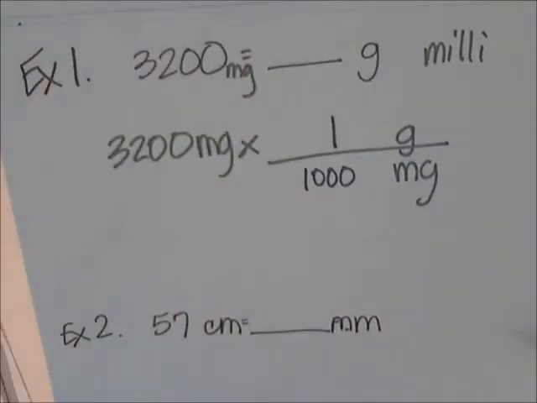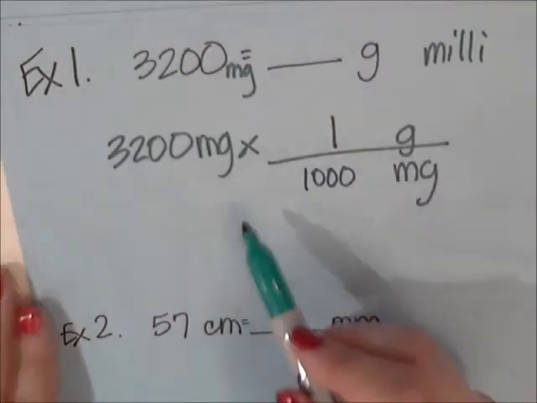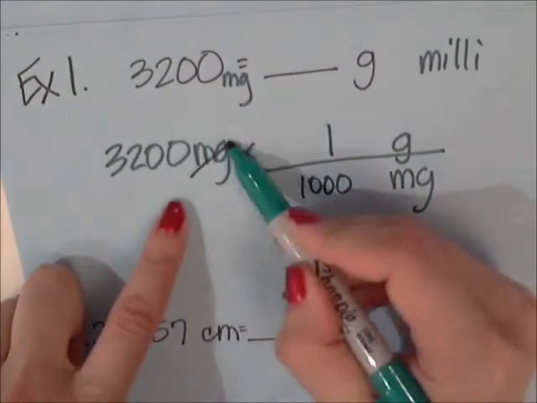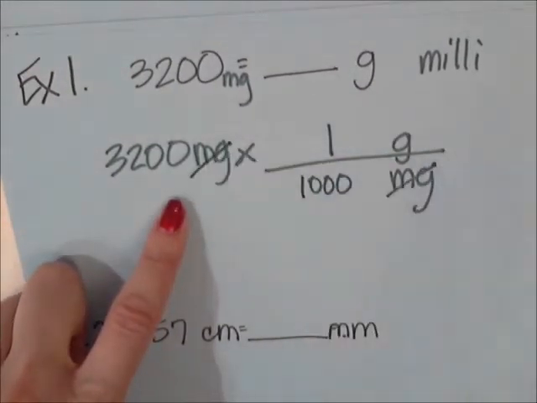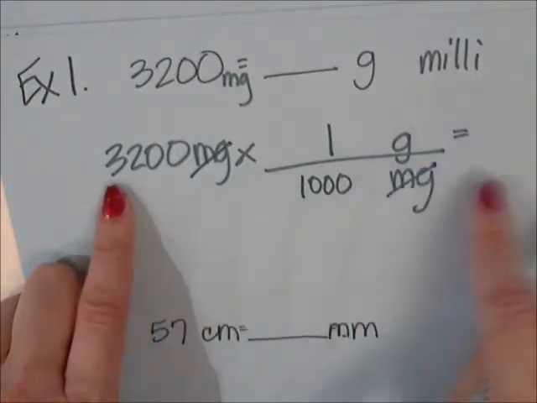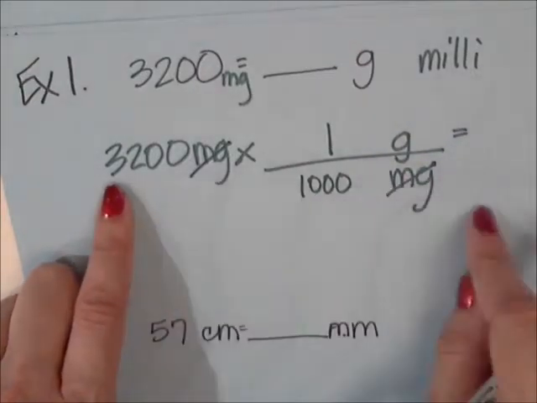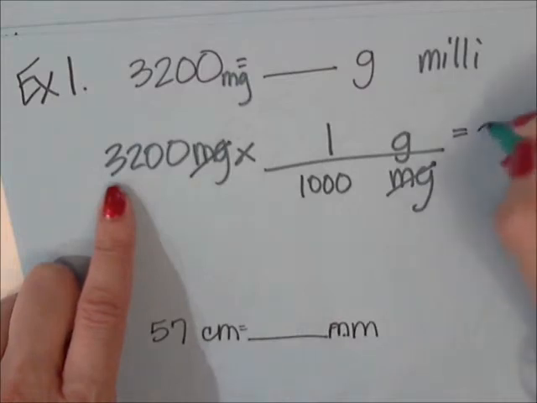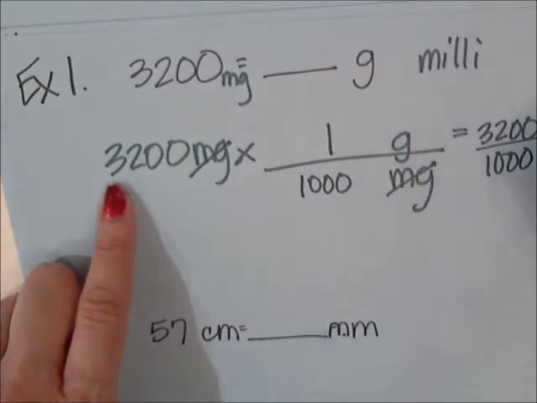Now I'm going to look at the problem as a whole, and I can cross cancel milligrams. Then I'm going to treat this like a multiplication of fractions. 3,200 times 1 is 3,200 over 1,000. I still have grams here, so I'm going to write grams.